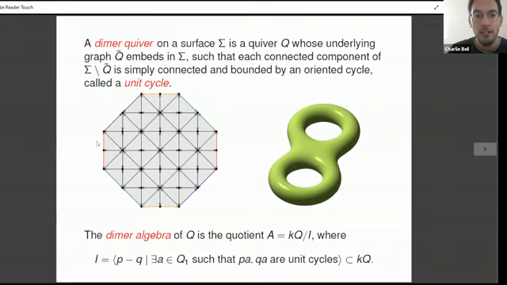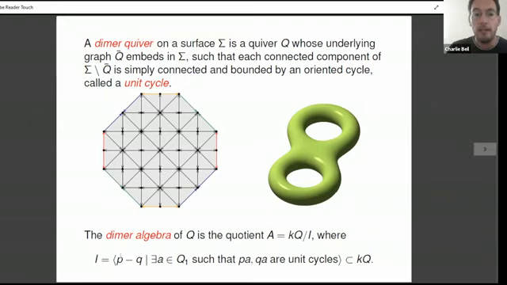So here, this quiver lives on the genus 2 surface. You identify the opposite sides and the vertices at the corners of the polygon. These little cycles on the inside are the unit cycles, and you can't have any holes or anything inside of the unit cycle.